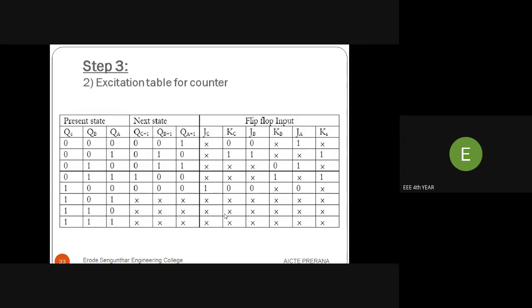Okay, now we have to draw the flip-flop circuit diagram. We need the flip-flop inputs and output equations. There are 3 flip-flops used here, therefore JC, KC, JB, KB, JA, KA. Because of 3 flip-flops, 3 different pairs of inputs are used. The present state is QC and the next state is QC plus.